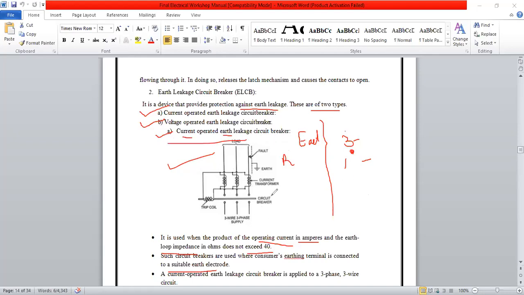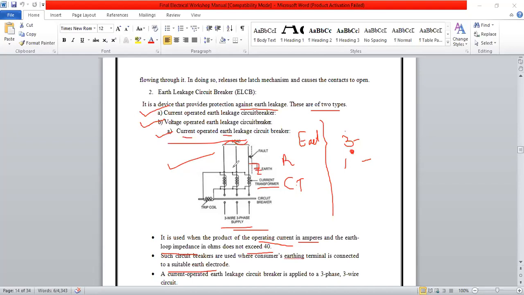Suppose here, see here the construction, the diagram is there. Suppose here the load is connected from here, a three wire three phase supply is given, and one of the equipment can be connected across that. So this equipment is nothing but a current transformer, that is CT. याच्यामध्ये एक CT connect केले आहे. So CT, and here earth can be provided. इथं अर्थ प्रोव्हाइड केले.